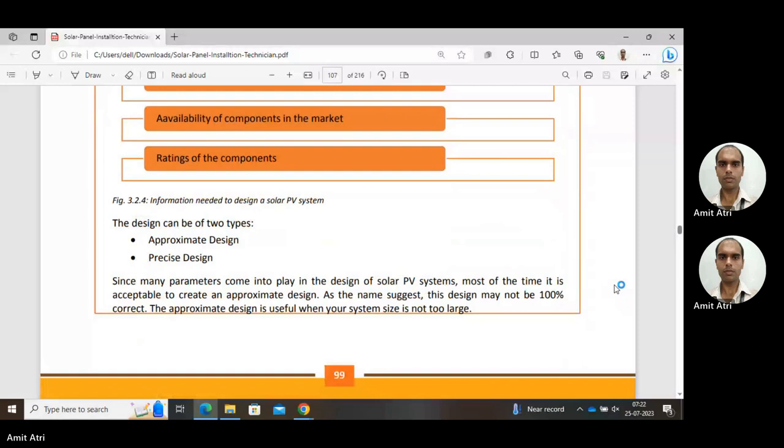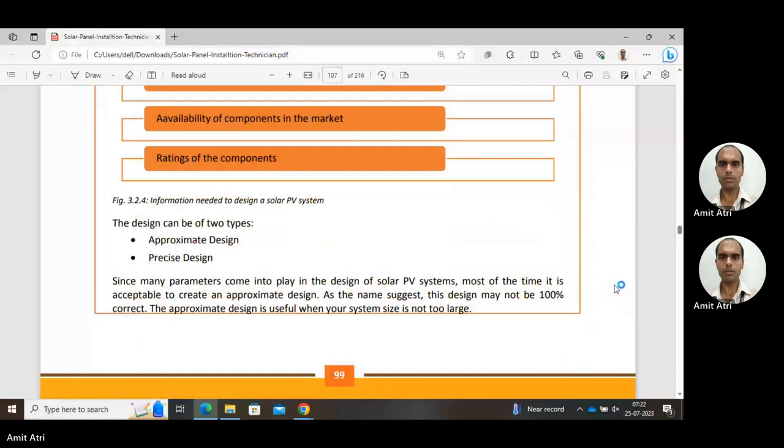So what is suitable in that case is that we create an approximate design. Exact design we are finding difficult because of the variation of the parameters. So the approximate design may not be 100% according to the load, may not be totally rated as per the load requirement, but it is approximate.